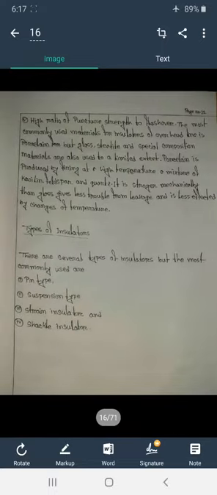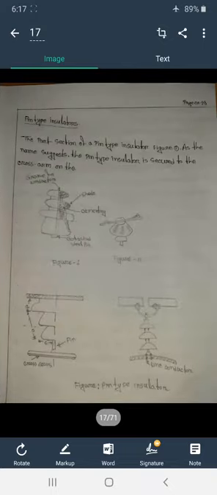Types of insulators. There are several types of insulators, but the most widely used are pin type, suspension type, strain insulator type, and shackle insulator. Pin type insulator.